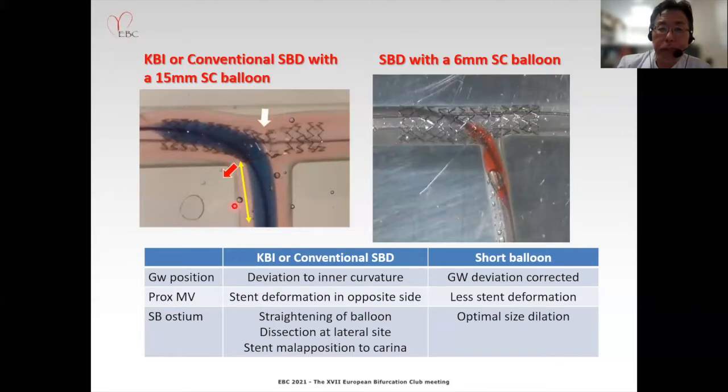Side branch dissection and stent malapposition at the carina side are also likely to occur. On the contrary, side branch dilation with a short balloon could correct the guide wire deviation and provide optimal side branch ostial dilation with less stent deformation and side branch injury.